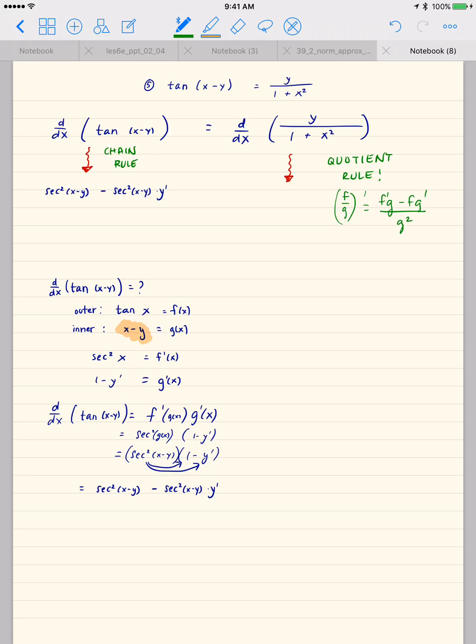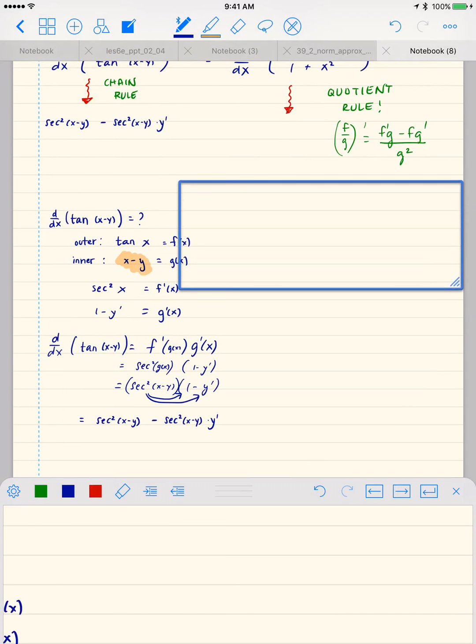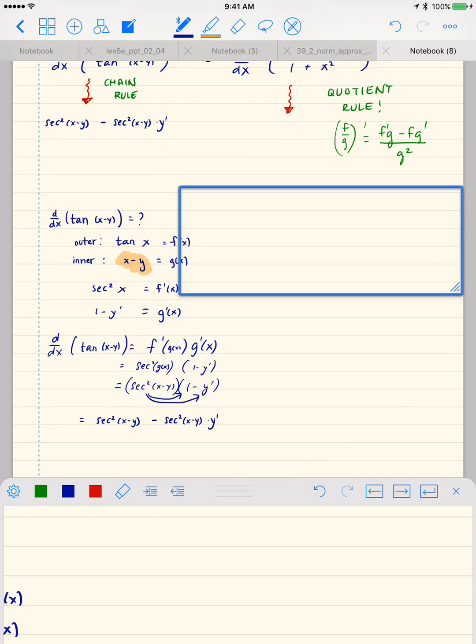See, I'm getting it confused. No, this is it. This is it. Derivative of the top times the bottom minus the derivative of the bottom times the top over the bottom squared. Okay. All right.